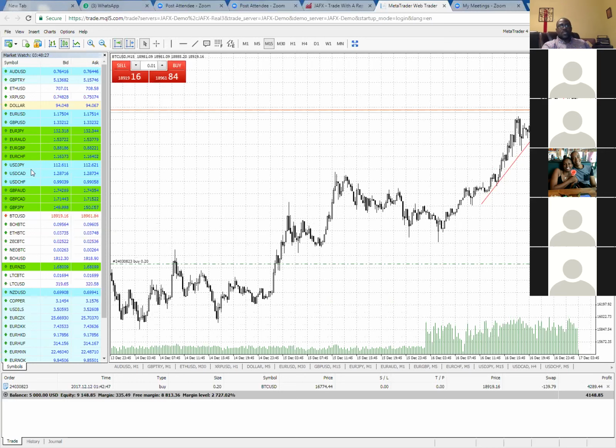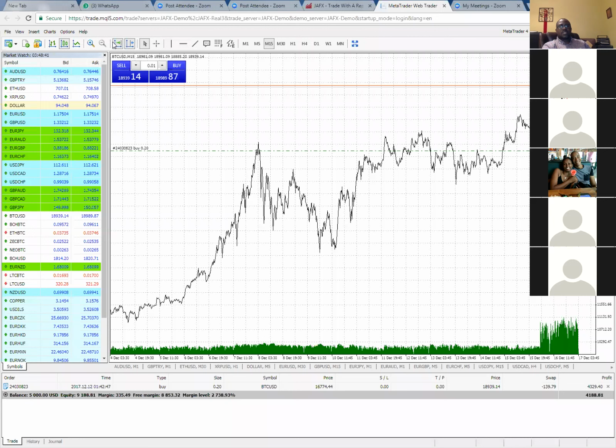Now, having established that we have a bullish pattern overall in Bitcoin, how do I know that? If I zoom all the way out, the general trend of this entire chart is from bottom left to top right, even though you would have seen a peak and then a trough develop, meaning a major correction took place.